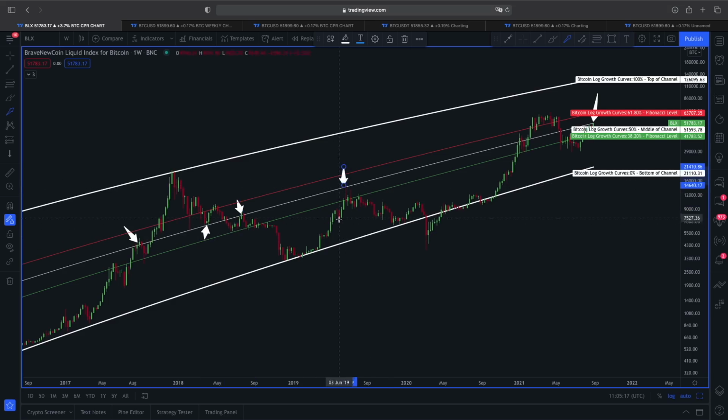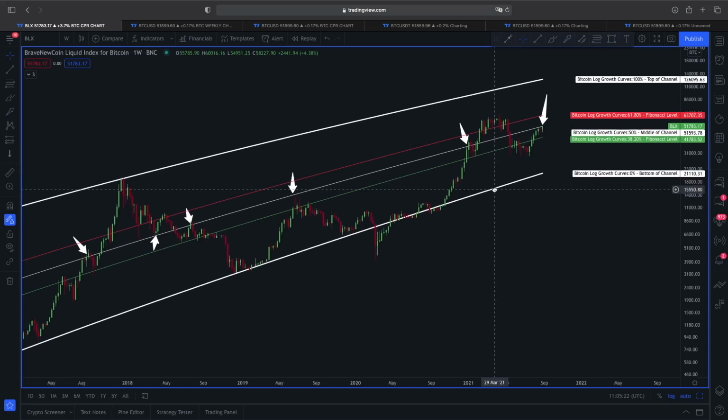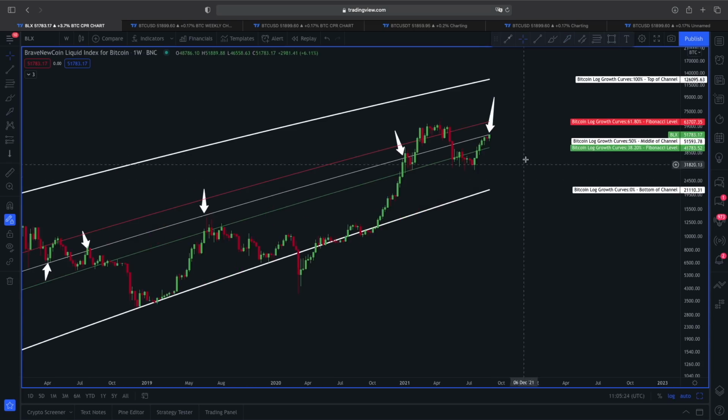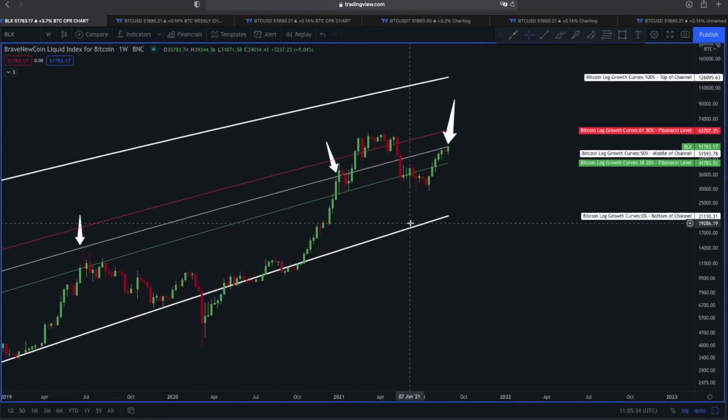And you can see when the trend was trying to break to the upside, this exact 50% Fibonacci line acted as a resistance, and now we are also testing this 50% Fibonacci line.